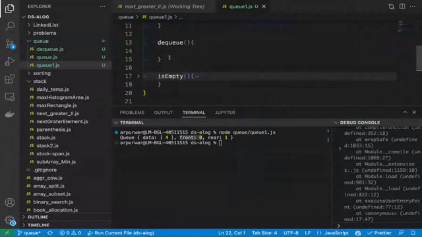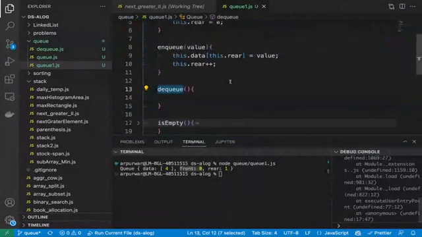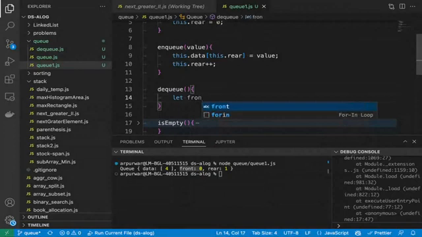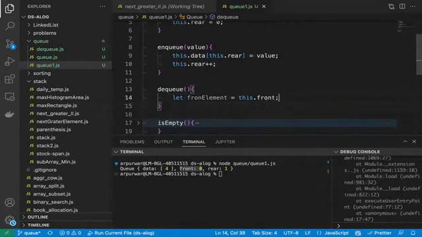Okay. Now let's look at DQ, guys. What is happening in DQ? We are first going for the front element. We're taking the first element index, which is this.front. Correct? This will give us 0.